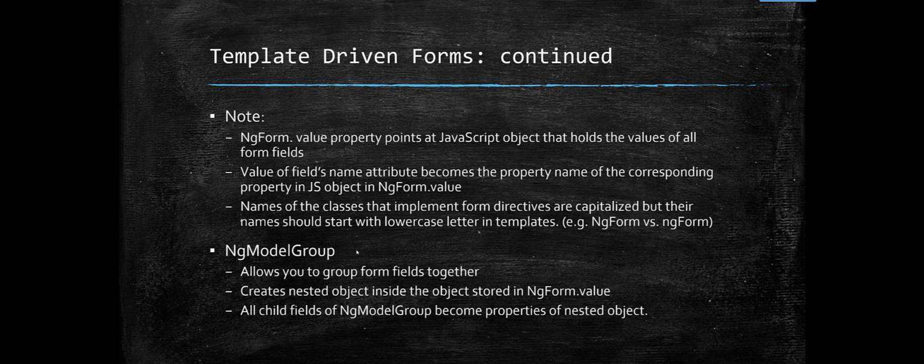Now the ngModelGroup, we saw this, and it's commonly used with things like passwords, where you need multiple related things together. It allows you to group form fields together and creates nested objects inside the object stored in ngForm.value, and all child fields of the ngModelGroup become properties of the nested object.